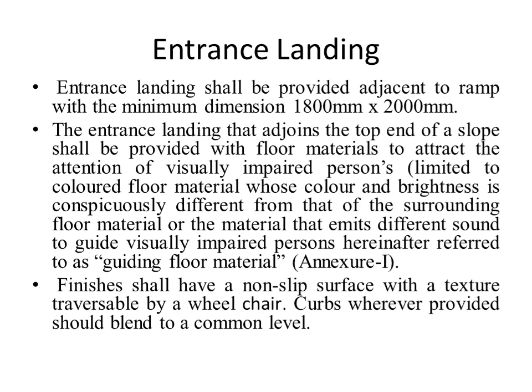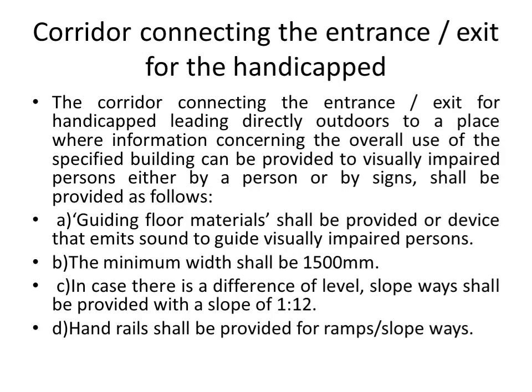Finishes shall have a non-slip surface with a texture traversable by a wheelchair. Curves wherever provided should blend to a common level. Then the next provision is corridor connecting the entrance slash exit for the handicapped.